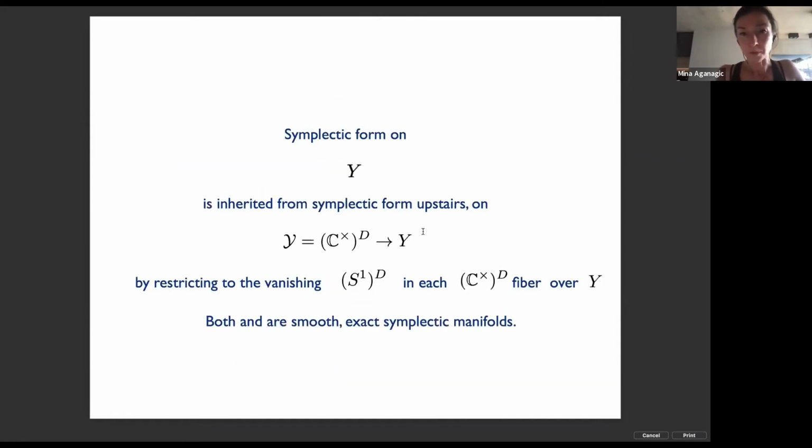The symplectic form on the small y is inherited from the big Y by restricting to vanishing S1 fibers in each torus fiber over Y. Certainly the big Y is a smooth, exact symplectic manifold because it's essentially just a hyperkähler rotation of the big X that's also smooth. And the small y should be smooth as well.